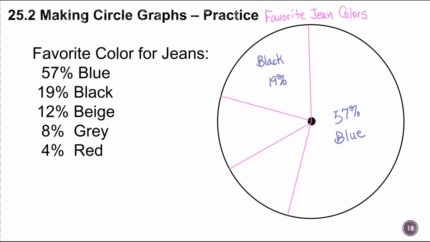Because my last one then, my last two, this one was beige, which I think would be maybe like khaki. And then this one is like a 2/3 split between gray and red. So I'm going to go, nope, maybe a little further this way.